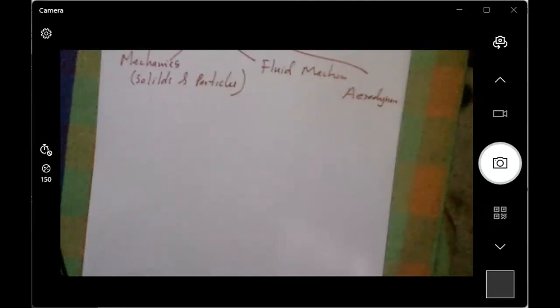And let me ask another question. What are the advantages of shrinking down a solid object to a particle? What is the advantage?